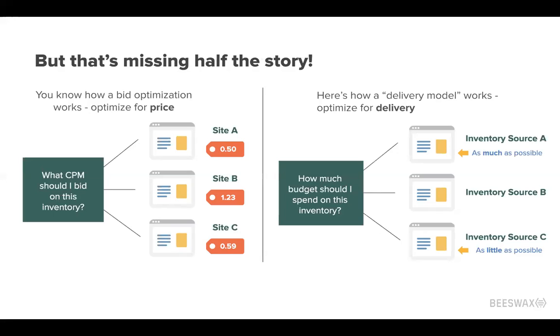In this example, you may want to spend as much of your budget on site A and as little of your budget on site C. And so that again is independent from price. Think of it in terms of allocation. So in this webinar, we're talking about delivery, which is the right-hand side here, and how you can be smart about allocation.